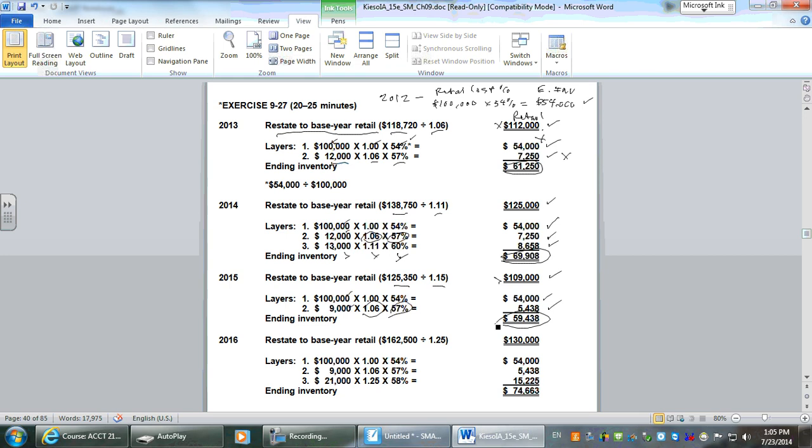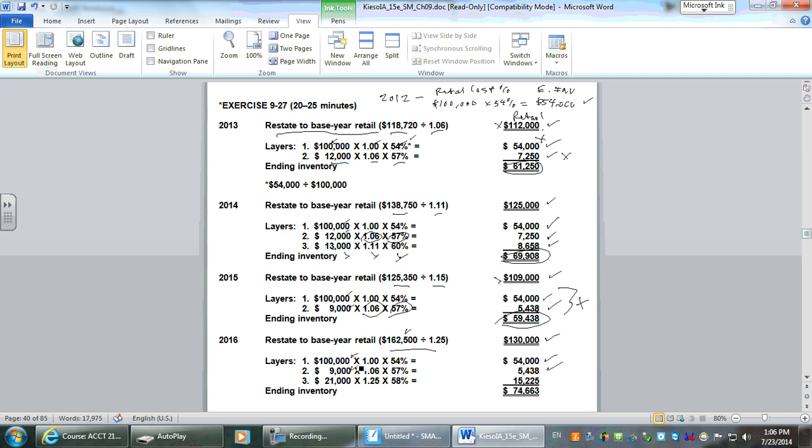And then in the next year, 2016, when I deflate, now 125% of the base year to buy something, I got 162 ending at retail in that year's dollars in 2016. Base year, that'd be 130,000 inventory. Can I get these old layers back that I depleted? Nope, they're gone. So what you got left is the 54 plus the 5438 from the prior year, right?